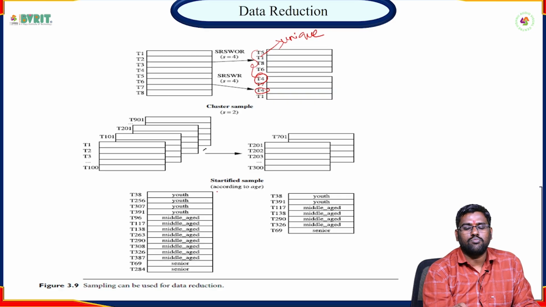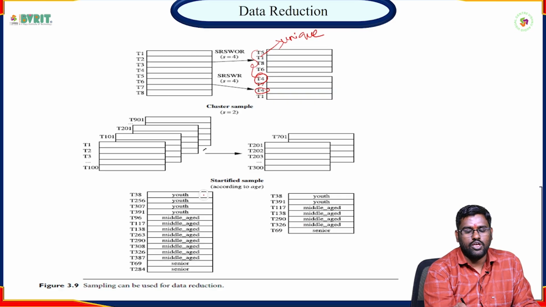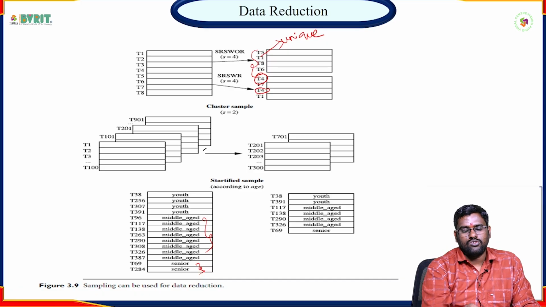This example is also the same thing. We are dividing the data into youth, middle-aged persons and senior persons. In simple random sample without replacement, the values are unique, just like T38, T256, T307, T391.